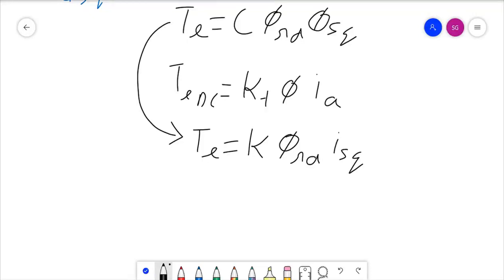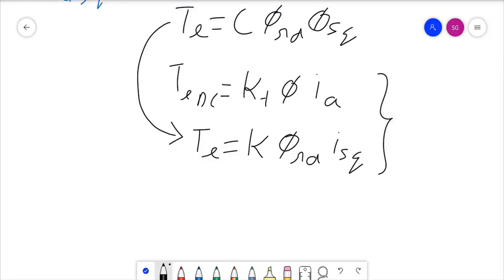Okay, so now these two equations must be looking similar. Here phi RD is equivalent to phi in the DC machine, and ISQ is equivalent to Ia. What is this ISQ? ISQ is the rotating Q axis component of the stator current space vector.